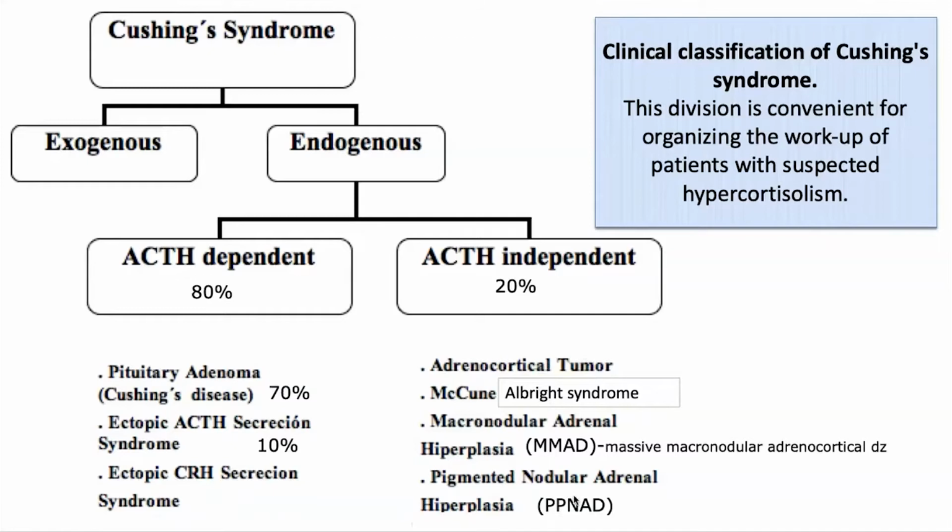But it's not that common. In clinical practice they divide it this way because they want to know the cause, so it's easier to treat the disease when we know the origin.